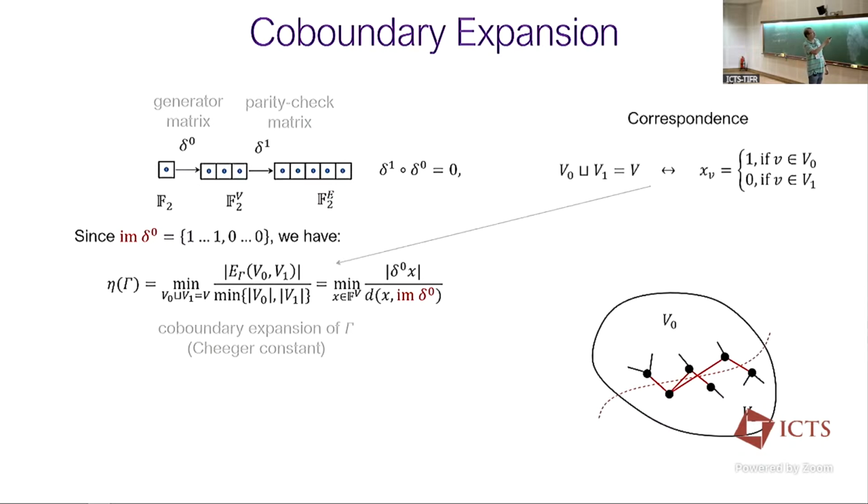I also want to mention an additional trick here. Before, I only described this parity check matrix, but in fact for our repetition code we also have a generator matrix that contains just one row.